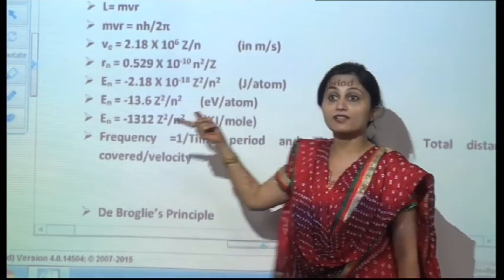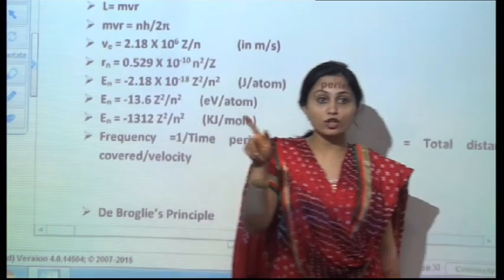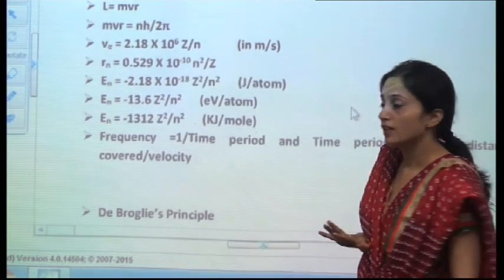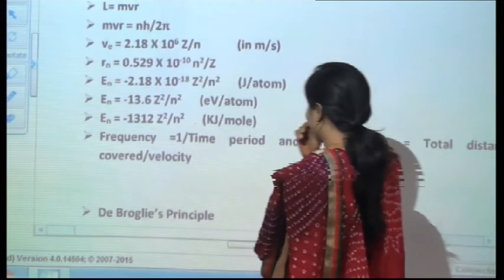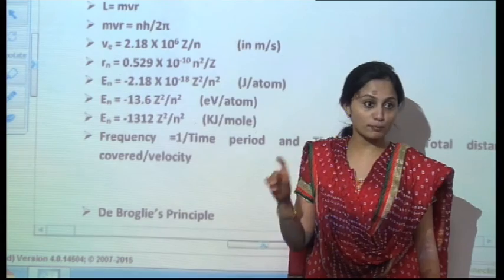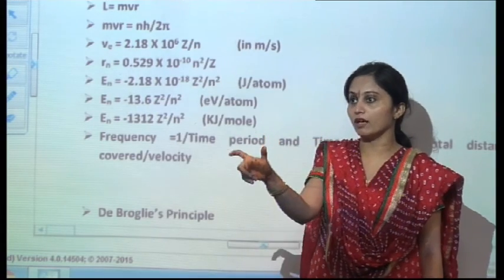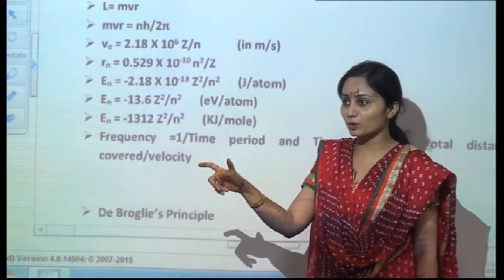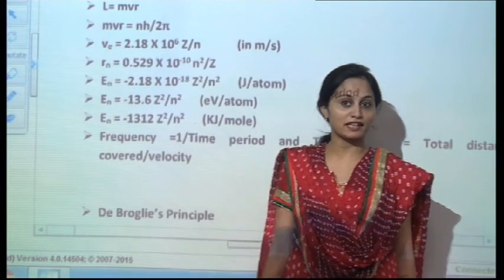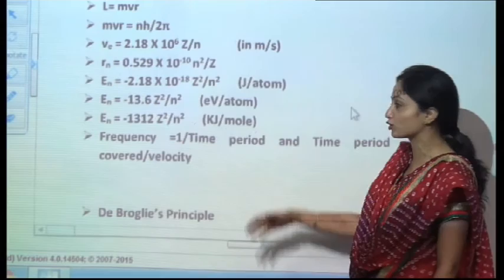We multiplied it with 6.022 into 10 power 23. Since I have done mole concept with you, I expect you all to remember that magical number. That's the base of chemistry, so you shouldn't forget the first number which you were supposed to memorize.